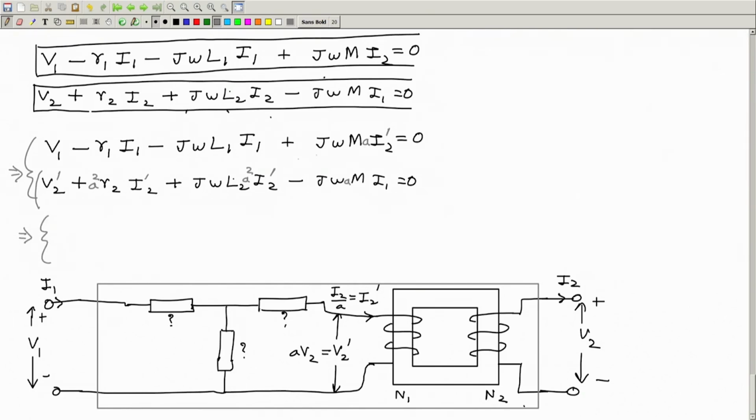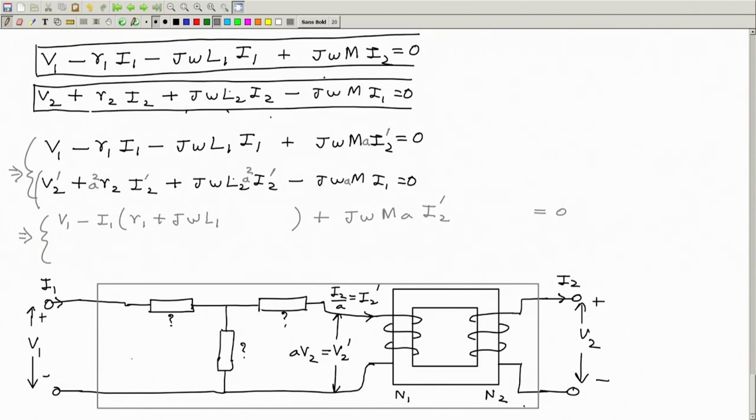First one, let me write this as it is, V1 minus, let me take I1 common. So I1, with this I have R1 plus j omega L1, anything else? No, nothing. Plus j omega m a I2 prime. This is equal to 0.